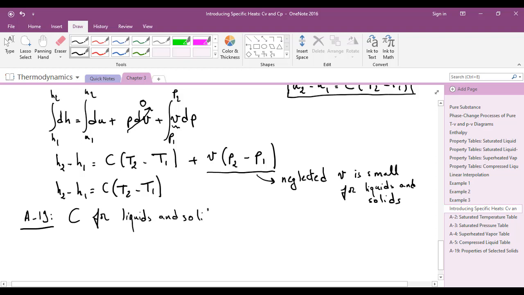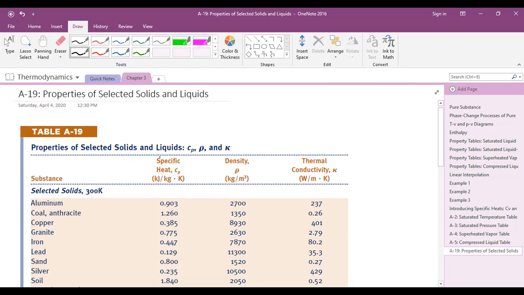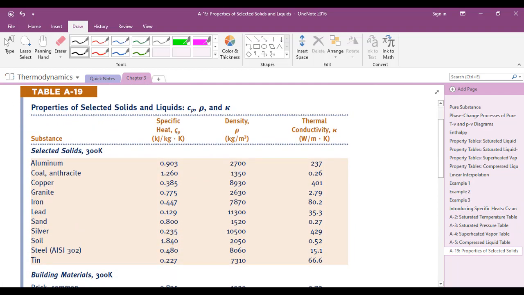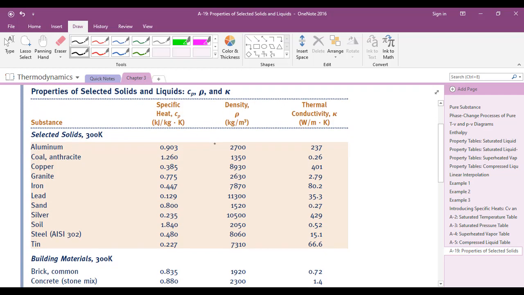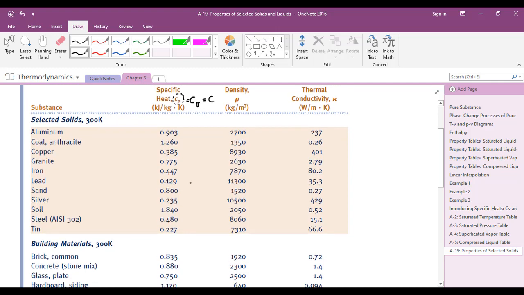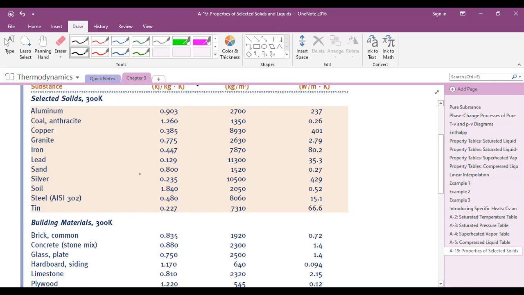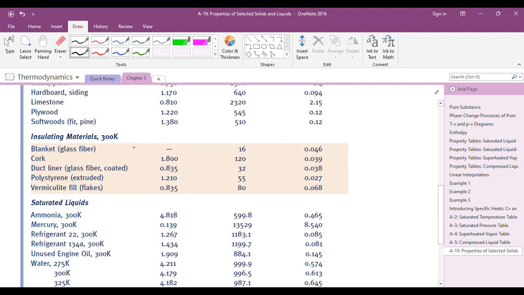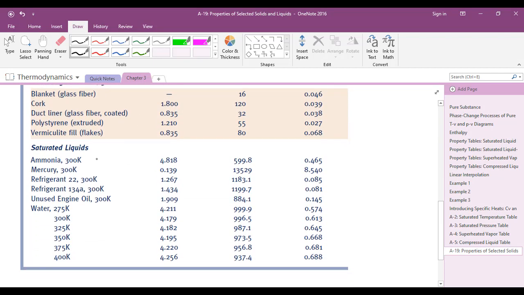If we go to table A19, this table includes specific heat Cp, density ρ, and thermal conductivity for selected solids and liquids. Here we have Cp, but Cp is equal to Cv and is equal to one common value C. This is the term specific heat for selected solids and some liquids.